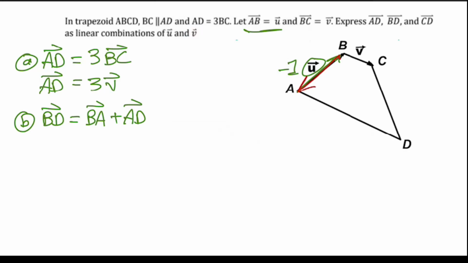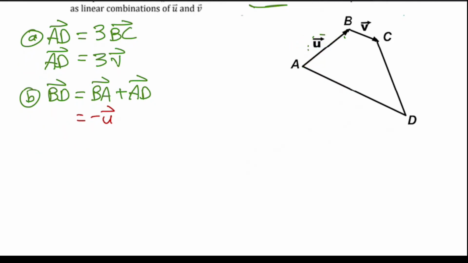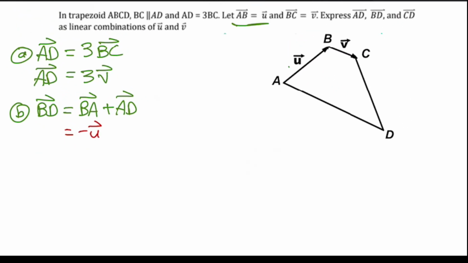So vector BA is going to be equal to -1 times vector U, or negative vector U. And we have to deal with vector AD, and we already talked about AD in the previous question. So vector AD is just equal to 3 times V. So that wasn't too bad either, because we've already talked about these things and where to find them.